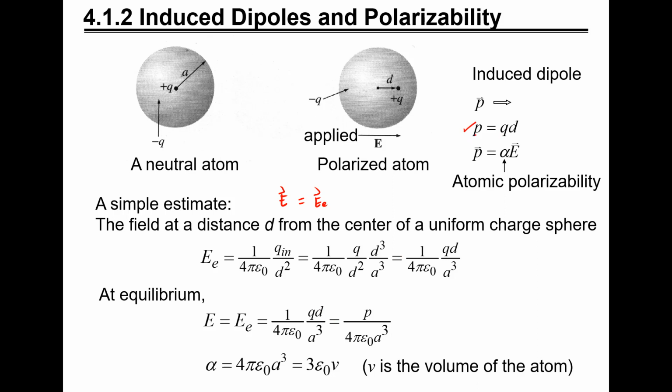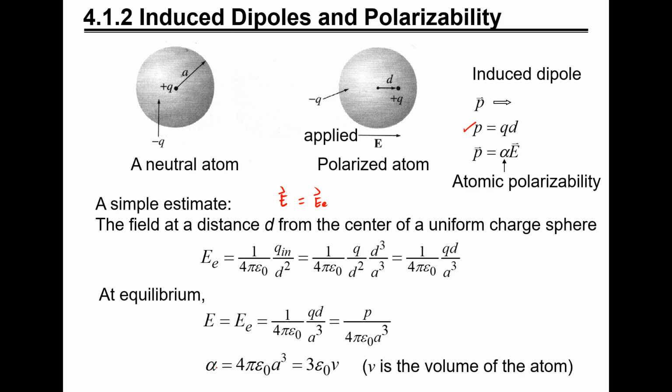The induced dipole moment p is equal to q times d. So you can just replace it in the numerator by p. So therefore, your E can be expressed as p over 4 pi epsilon naught a cubed.